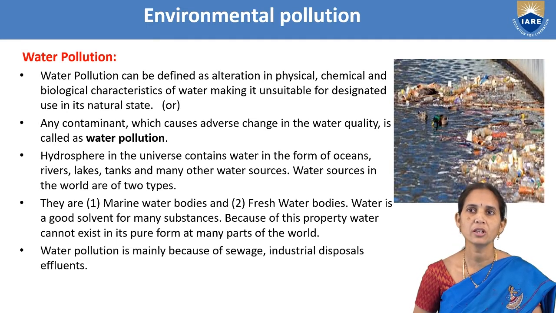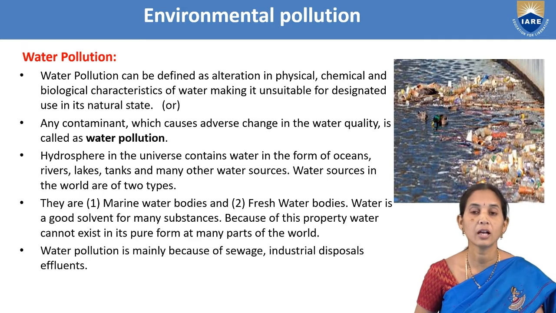Water pollution can be defined as alteration in the physical, chemical, and biological characteristics of water, making it unsuitable for designated use in its natural state, or any contaminant which causes adverse change in the water quality is called water pollution.